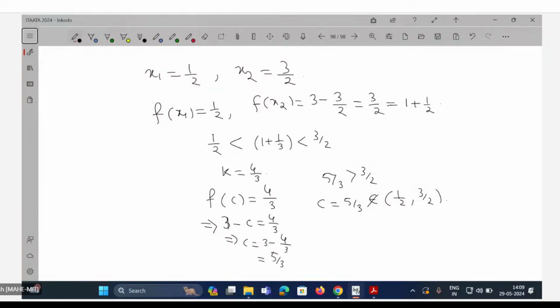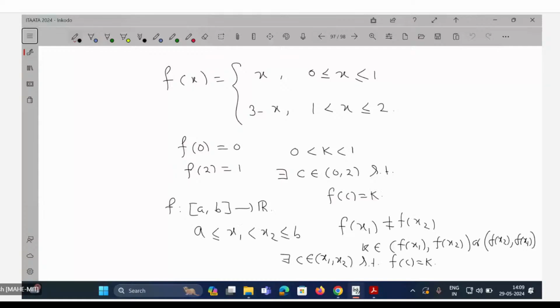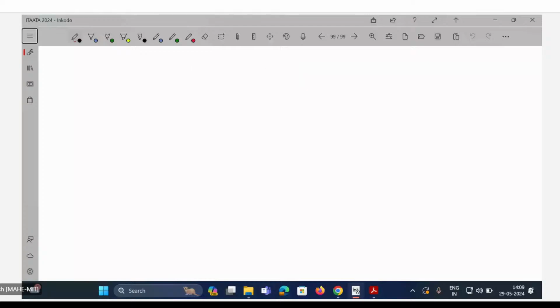But that function has a discontinuity of the first kind, because the left hand limit and right hand limit both exist. So the other way to say it is that this function cannot have the intermediate value property because it has a discontinuity of the first kind. Now the question is, do we have an example of a function which is not continuous but has the intermediate value property?